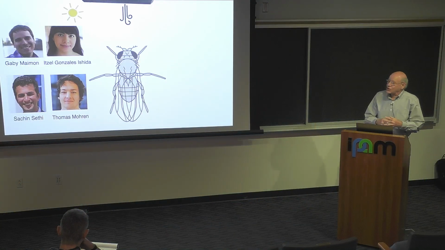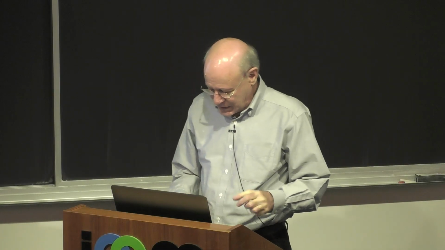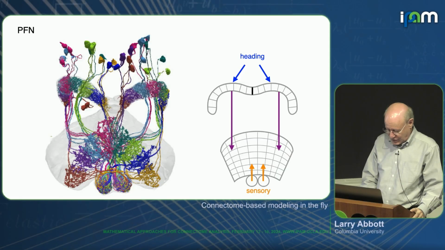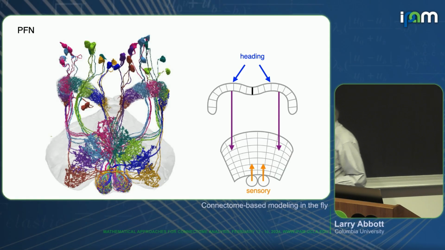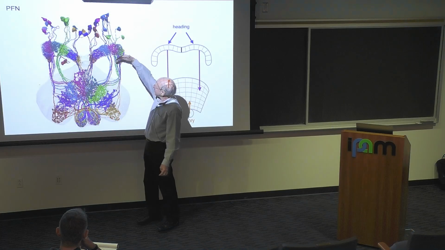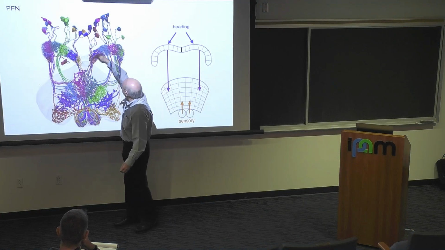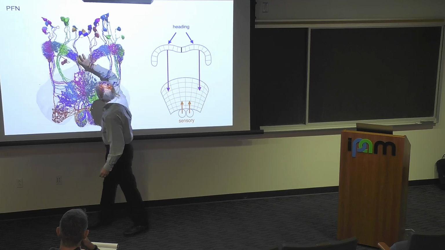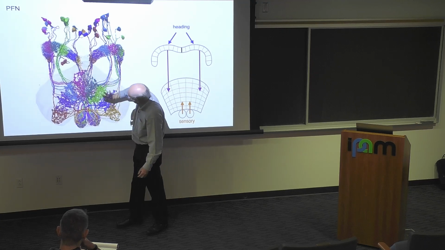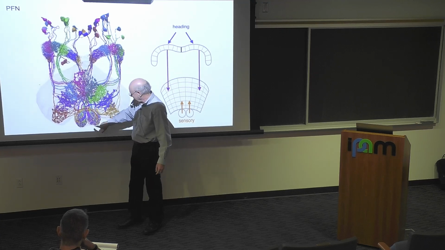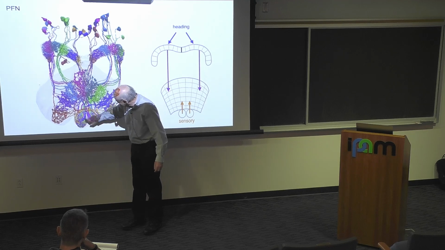All right, so let me start off with a representation of sensory input. Maybe I should go back for a second. You'll see this in a second, but I want to introduce it. These cells are the ones that carry the heading information. It comes in here. They carry it down into the fan-shaped body where they deliver the information, but they also combine it with sensory information.